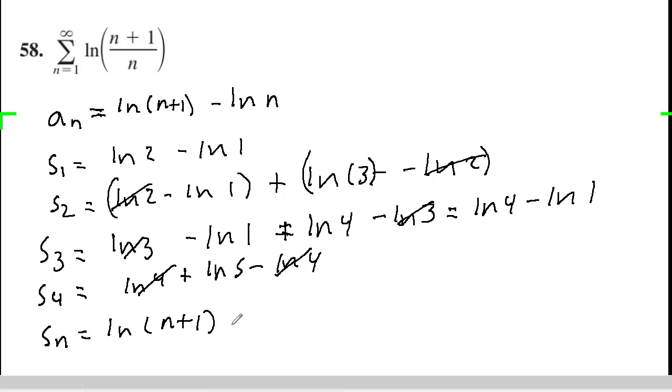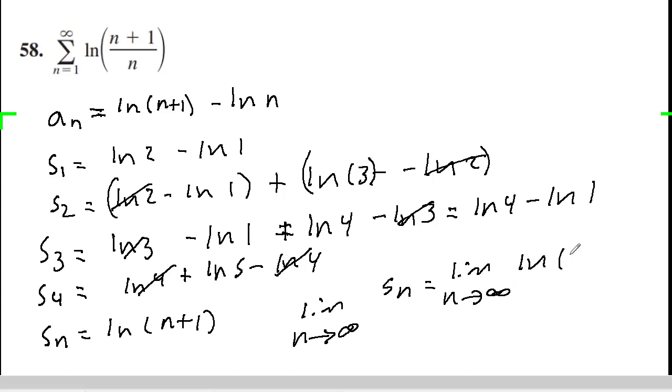Now when we go and take the limit as n goes off to infinity of S sub n, that will be the limit as n goes off to infinity of the natural log of n plus 1. And n plus 1 is going off to infinity, and as you take the natural log of numbers that are getting bigger and bigger, you just get bigger and bigger.